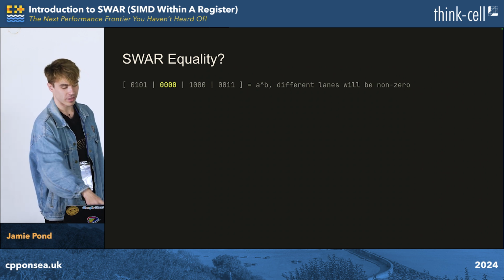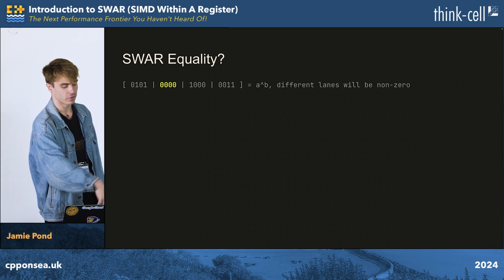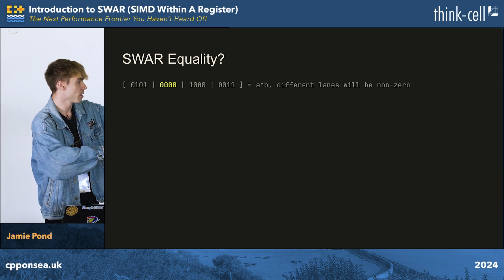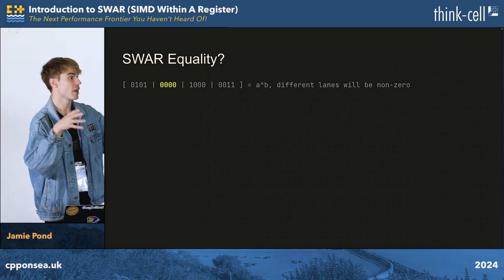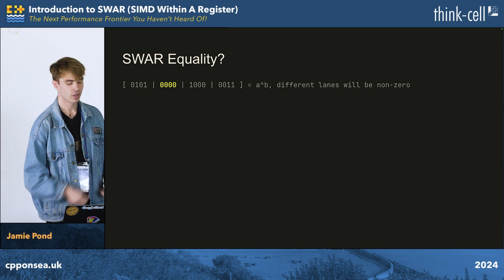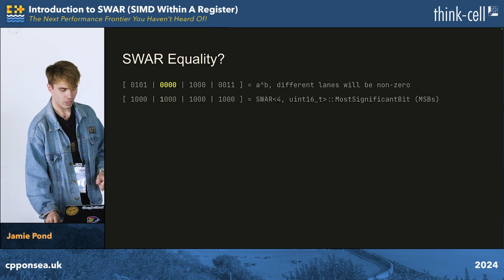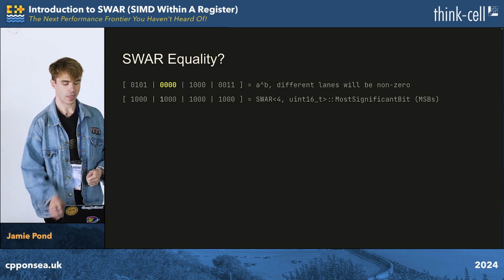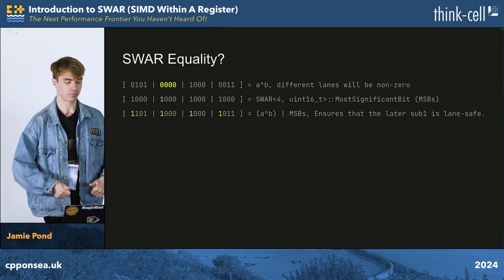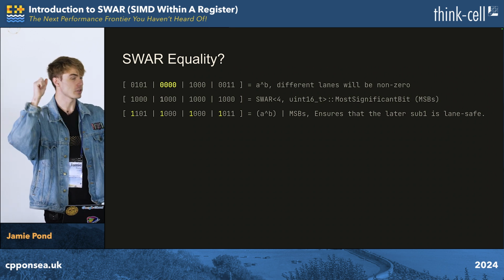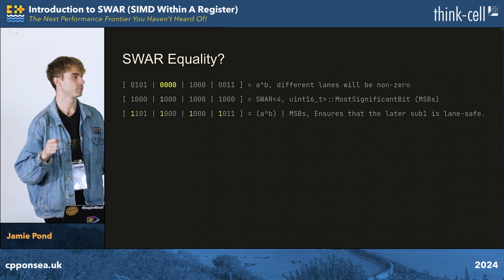If we subtract 1 from this value, it's going to turn that most significant bit off, but we're going to disrupt the lane above it. So this is where we need to have an awareness of not messing with the other lanes. So what we can do is get this most significant bit constant, and we're going to OR that in with the value we had before. So that means no matter what, we're going to turn all of the most significant bits on.